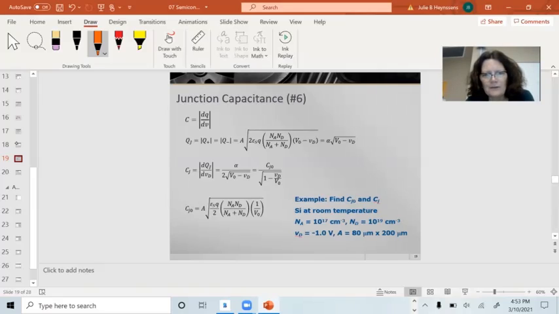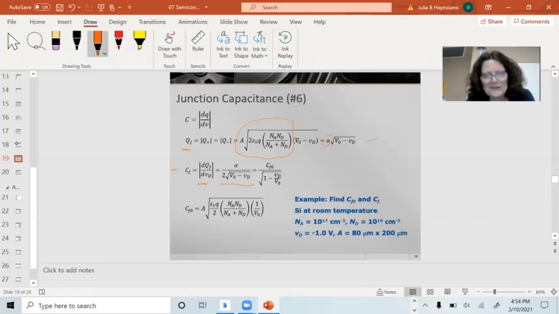I could take this whole part right here and call it alpha to simplify my calculations, and I've already done a little bit of that in here too. This is the charge at the junction. If I want to calculate the capacitance, I have to take the derivative of this with respect to VD, which comes out to be, if you like calculus, you can do it yourself.